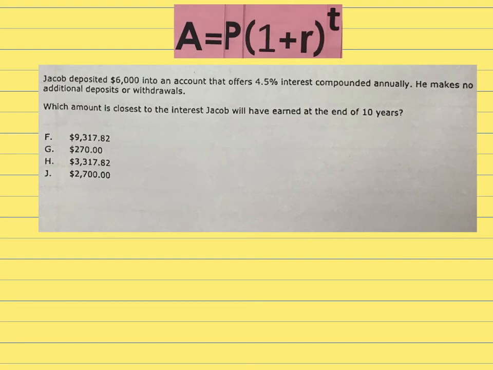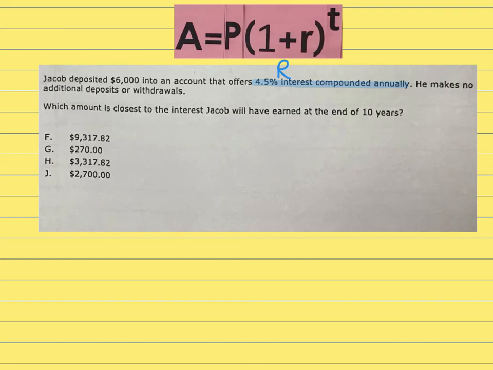So my first thing to do is identify what type of interest I am earning. This says compounded annually. Okay, compounded means I'm going to use the compound interest formula that starts with letter A. Then I can label this with my letter R because now I know my interest.